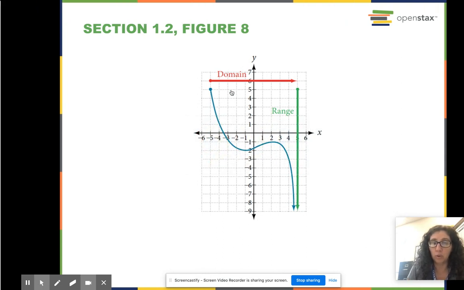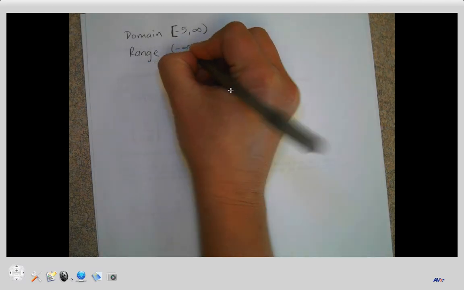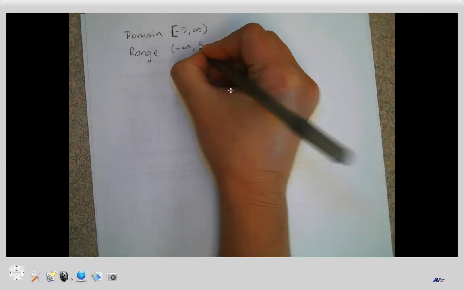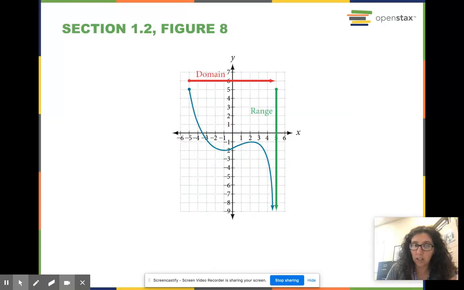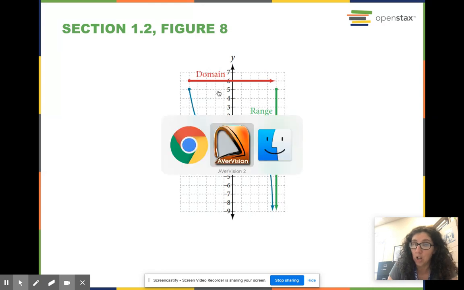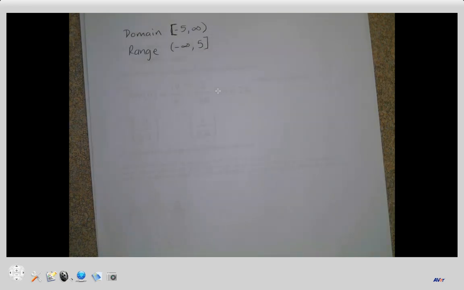So when we write that down, it's -infinity, comma, 5. Does it have a closed bracket? Yes, it includes the value 5 on the y-axis, so we're going to want to put a closed bracket there for 5.